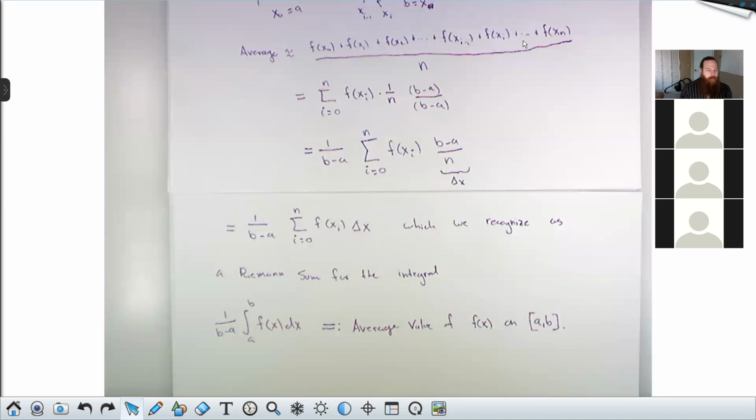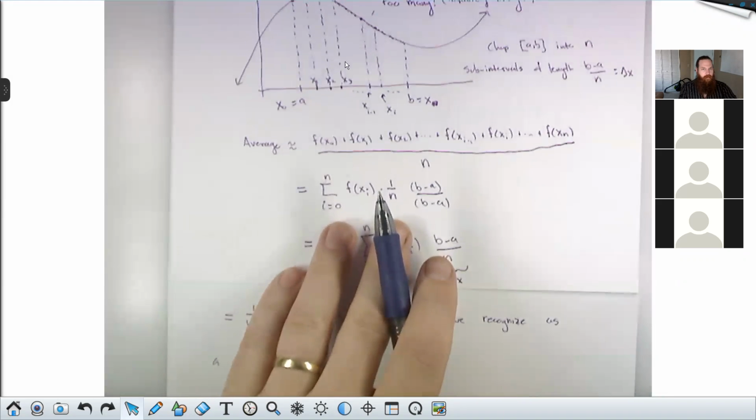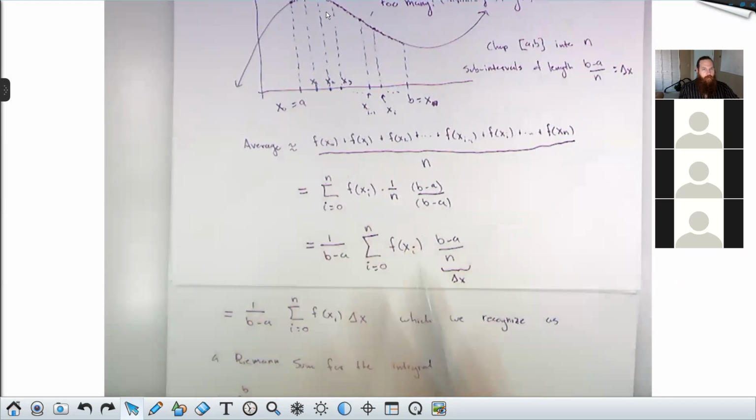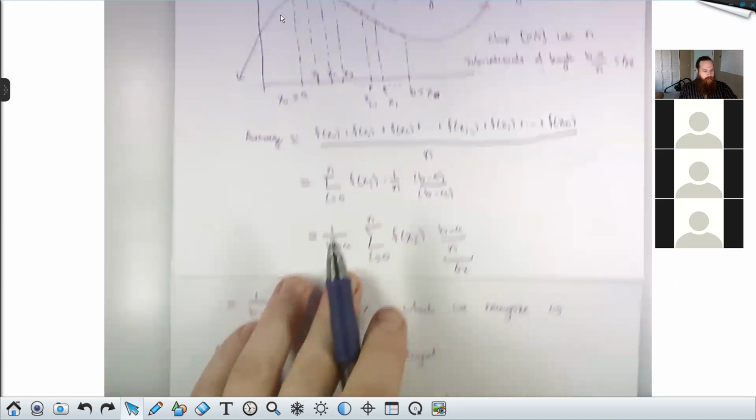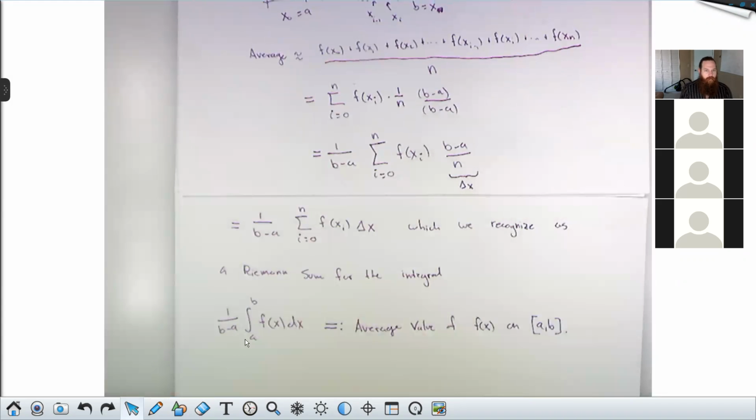So not infinitely many, but you can think of it as taking a sampling of x values from down here, which gives us a sampling of y values from up here. And then as we send n to infinity, this sum turns into this integral. And now this really is adding up all the y values that are output by f of x from a to b. That is the most natural interpretation of the integral.